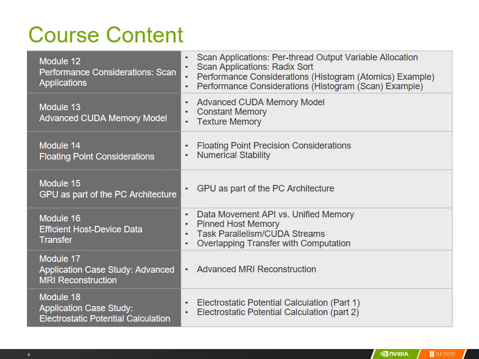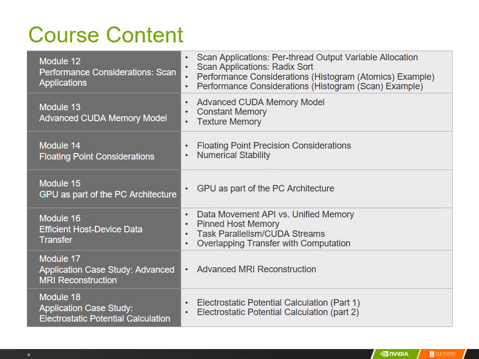And Module 15 introduces GPU as part of a PC architecture, so that we teach students enough about the interconnect within a PC system, so that students can better understand the reason behind some of the data copying, the overhead, and some of the more recent development of the CUDA-C support to eliminate some of these overhead.